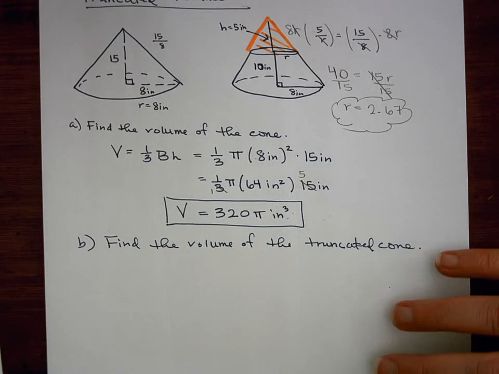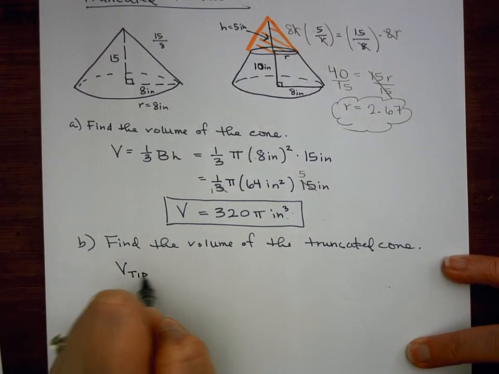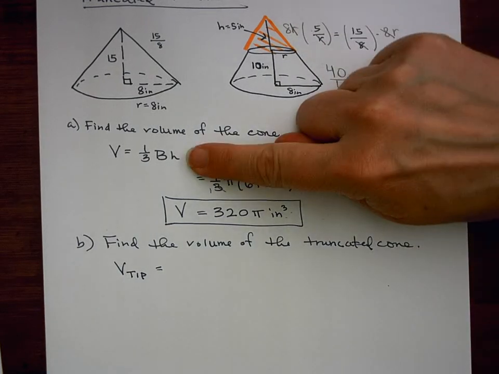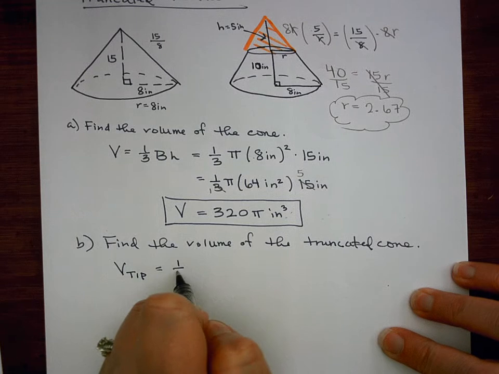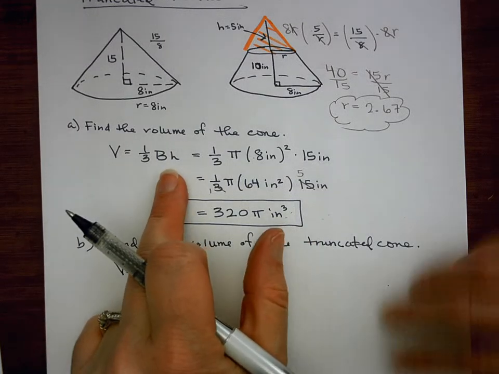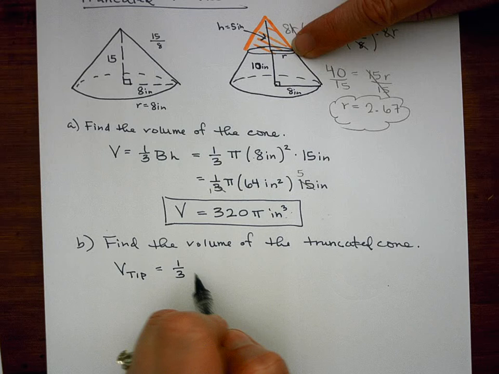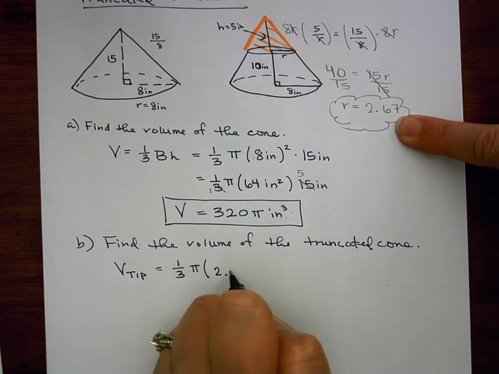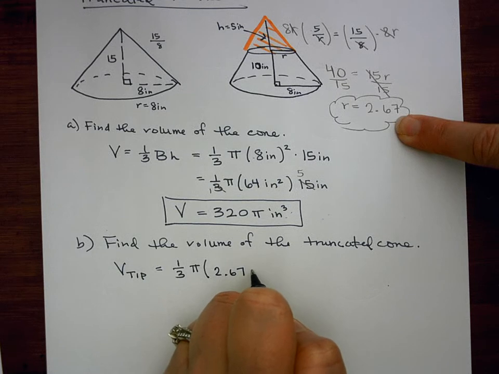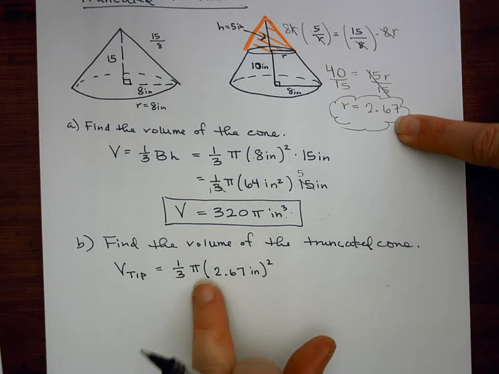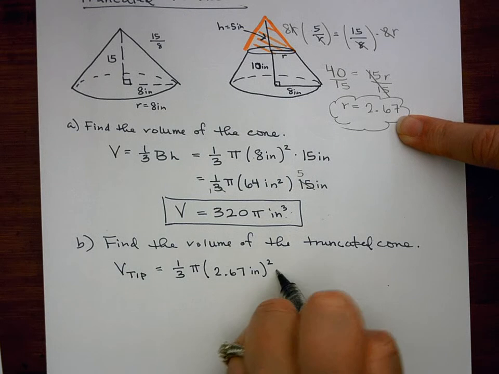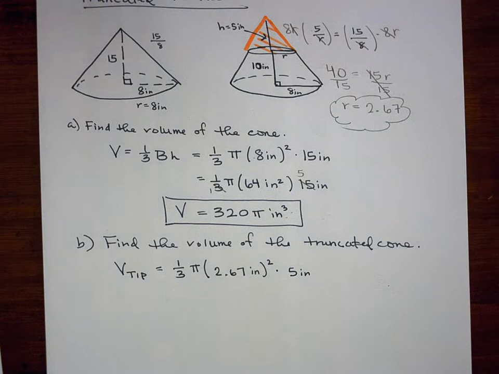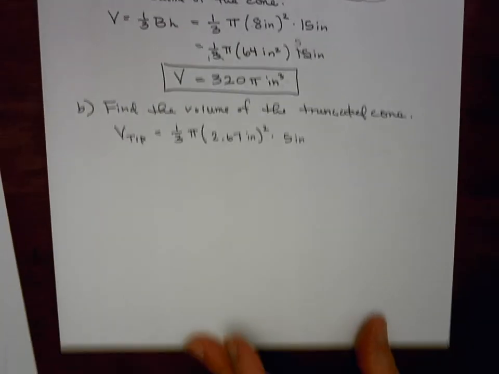So I'm going to do the volume of just the tip. That's the part that was cut off. And so that volume is the same formula. So I'm looking up here. So it is 1/3 the area of the base. So the area of the base is a circle. So 1/3 pi R, right? Here's my R. Squared, so 1/3 pi R squared. And then times the height of the part that was cut off, which was 5 inches. Okay. And then I'm going to use my calculator for that.